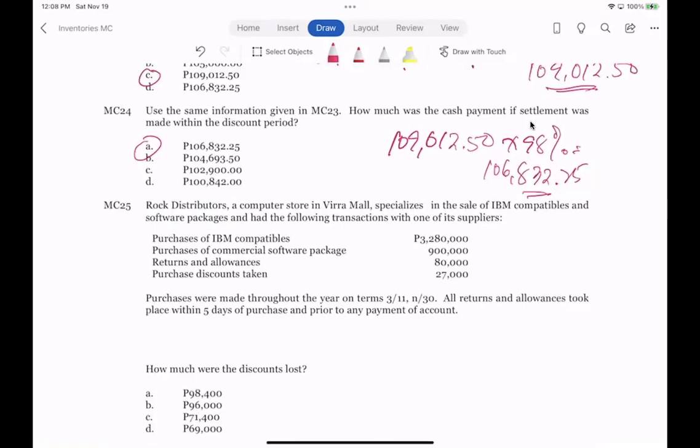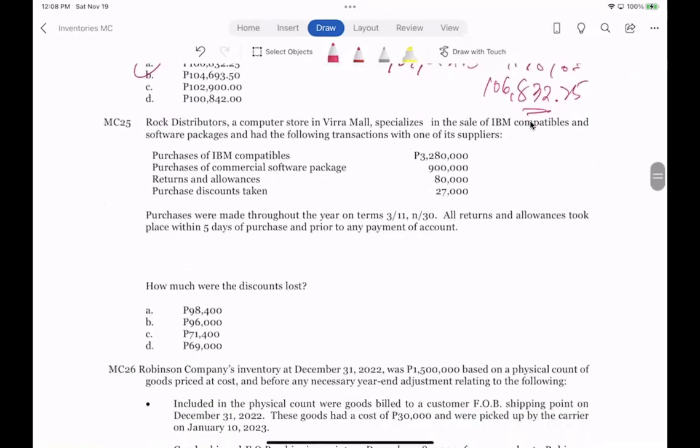Purchases were made throughout the year on terms 3/11, n/30. All returns and allowances took place within 5 days of purchase and prior to any payment of account. Therefore, how much were the discounts lost, assuming that the discount period already lapsed?